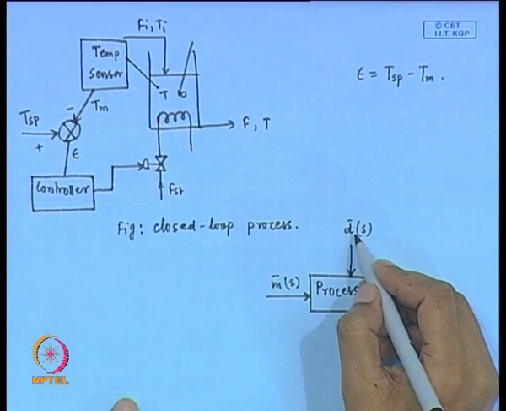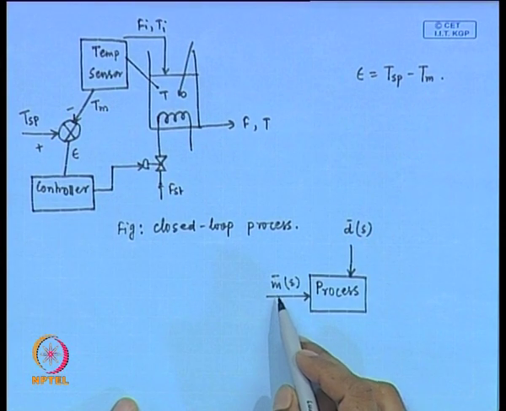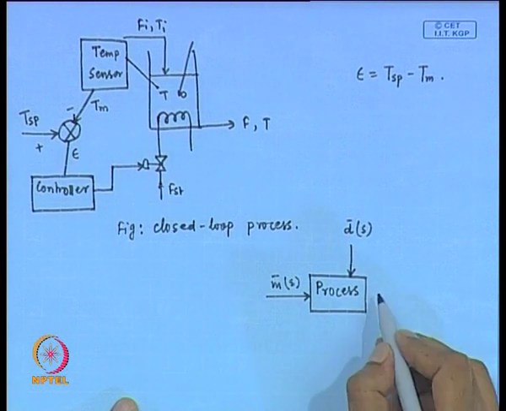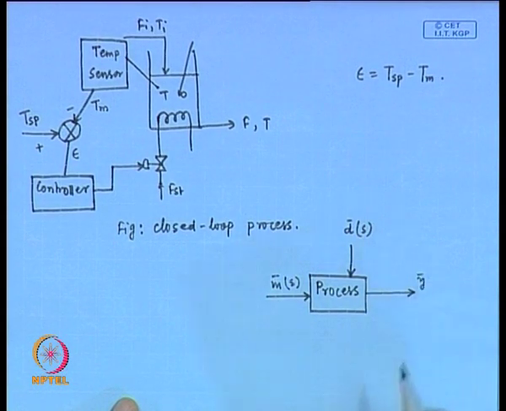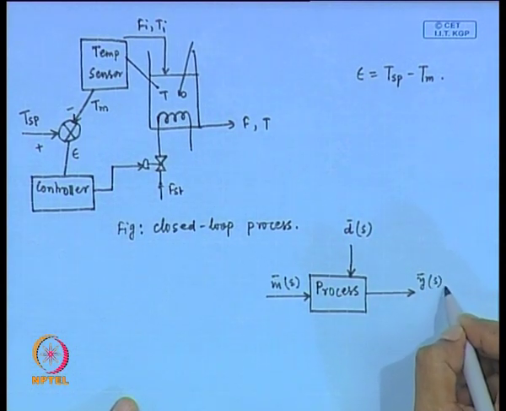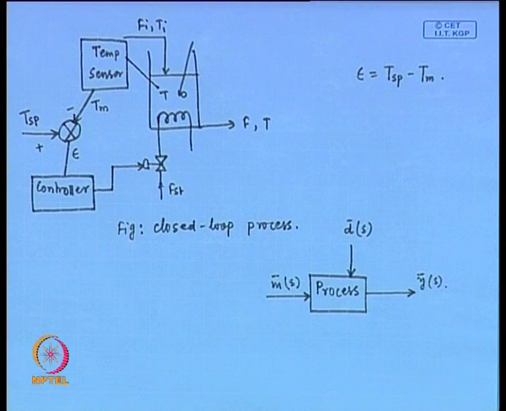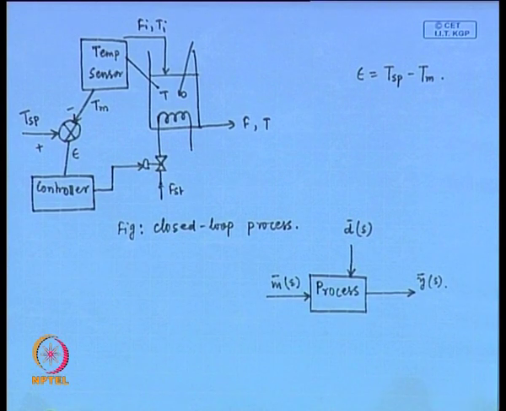Disturbance is represented by D and final control element is represented by M. The output of the process is Y. In Laplace domain we can write Y bar S. Fine. This is the block diagram of the open loop process. There is no controller involved with this open loop process.